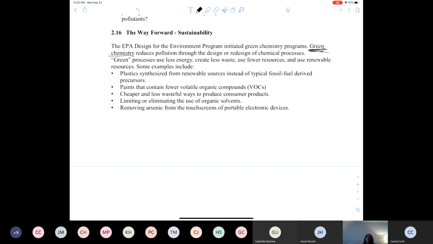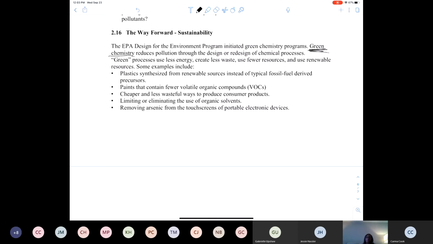So therefore, if we're doing a chemistry experiment that may contribute to indoor or outdoor air pollution, how can we redesign this experiment so that we minimize the effect of air pollution? Same thing with chemical companies. Is there something we can do to change the reaction mechanisms or the design of this experiment so that we're creating less air pollution?